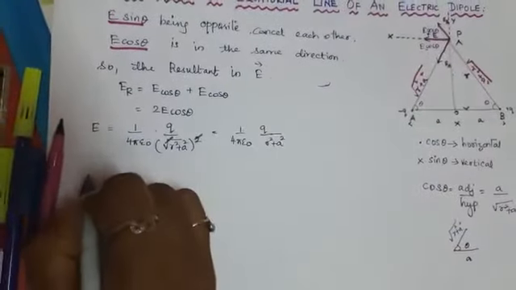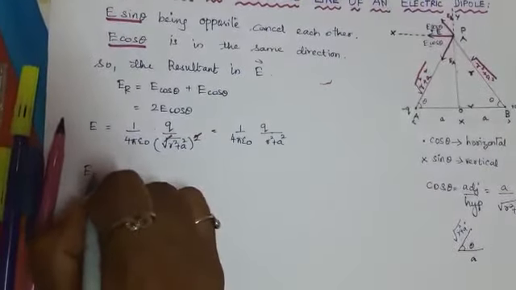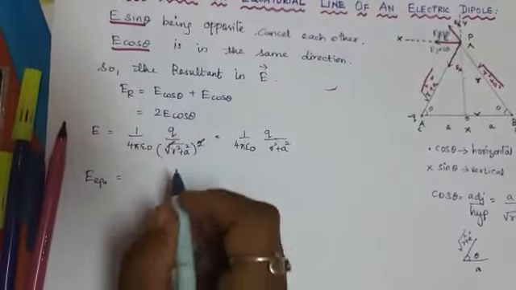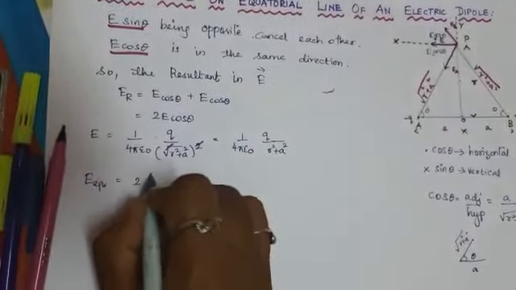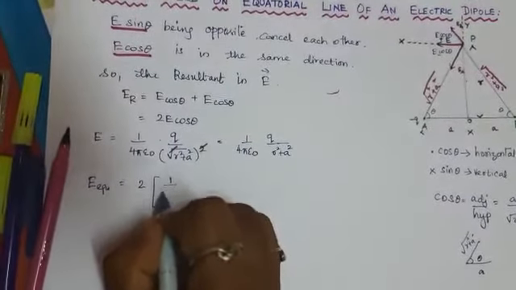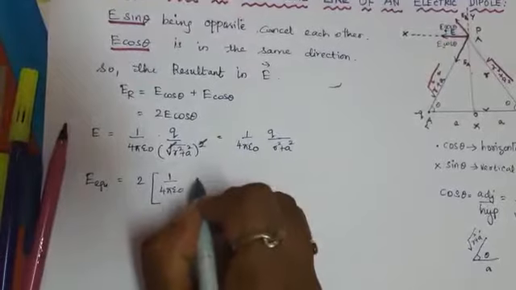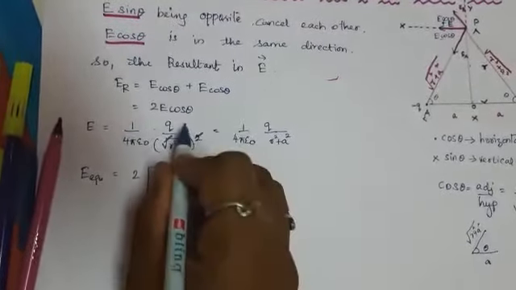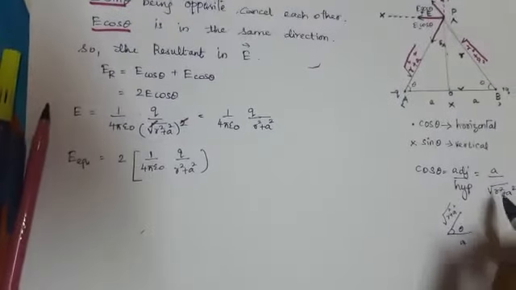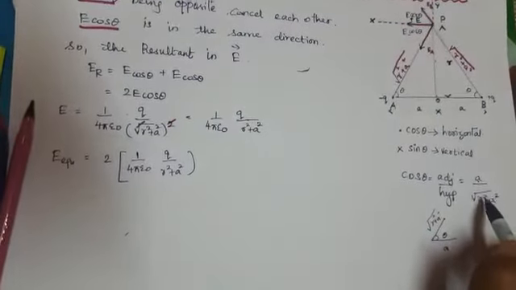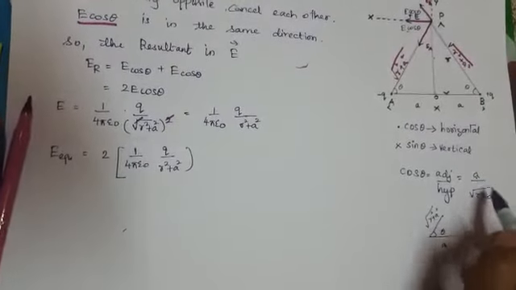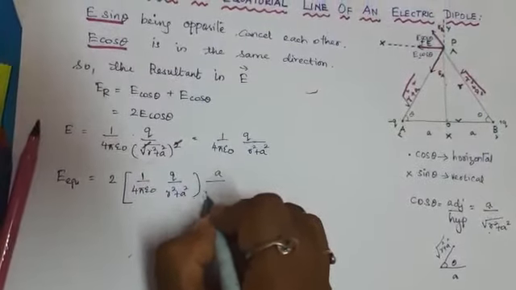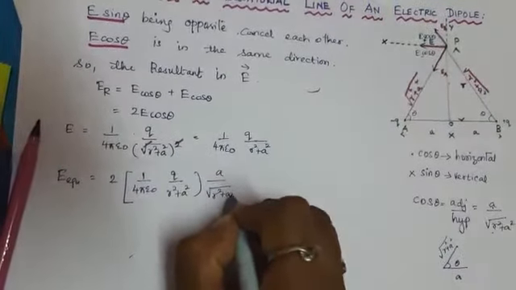Substitute with the formula. So finally E resultant, that's nothing but E equatorial, which equals 2E cos theta, right? So 2. What is E we found here? 1 by 4 pi epsilon naught q by r square plus a square into, what is cos theta we found? Cos theta is nothing but a by root of r square plus a square, into a by root of r square plus a square.